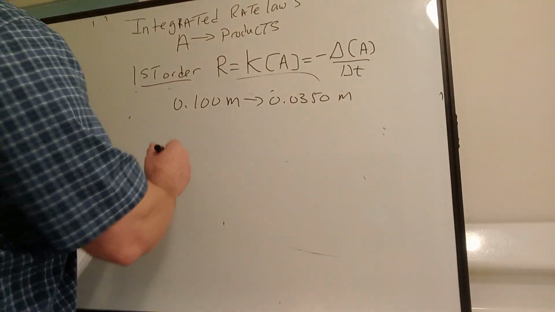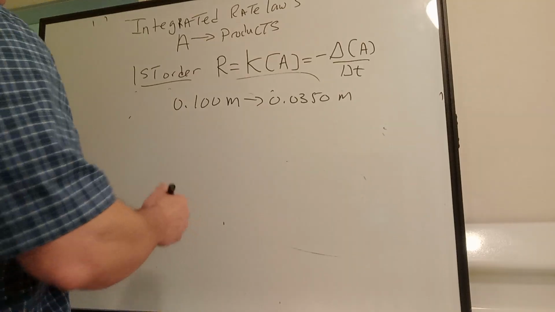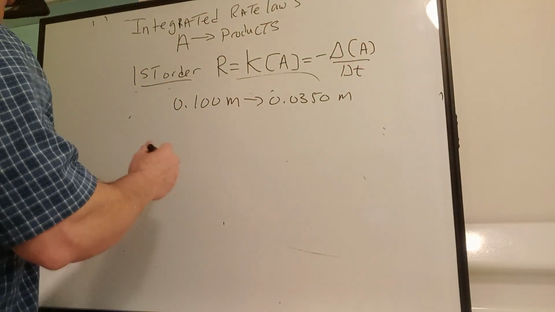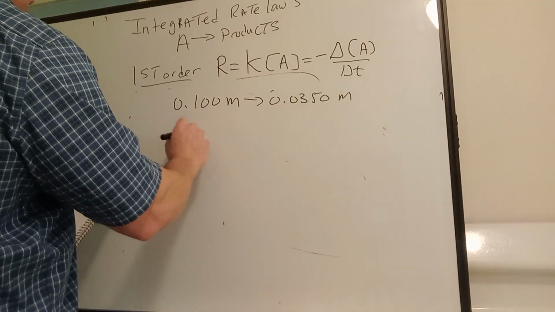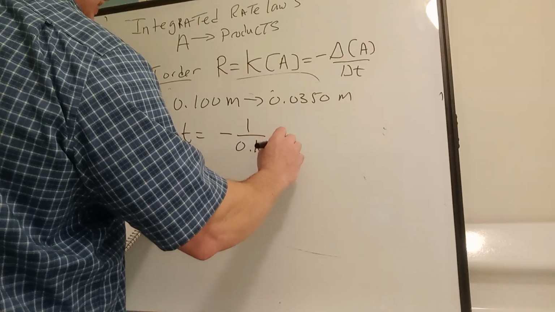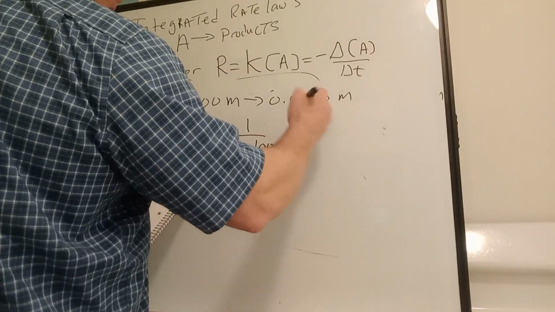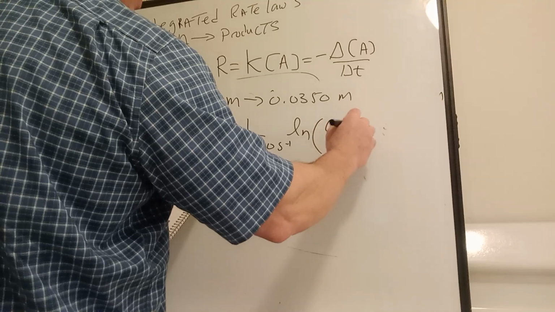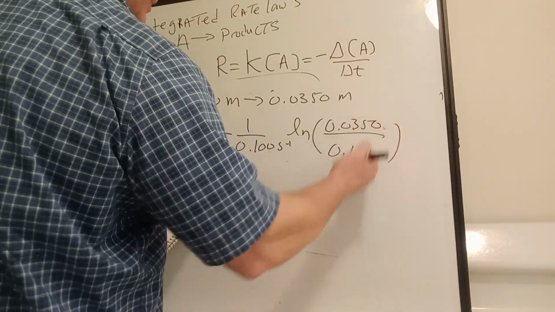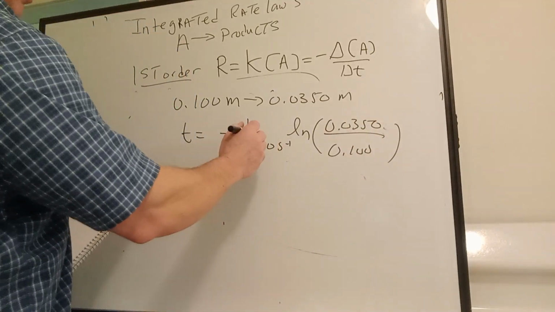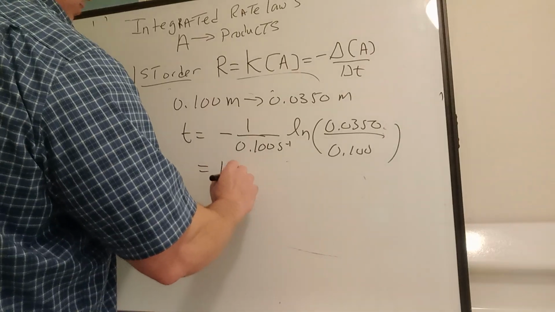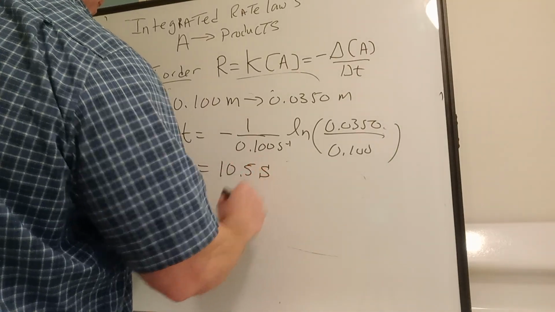Do the same type of equation as before, set it up in the form of the logarithmic ratio equal to -kt, and then solve for t, and you'll have t equal to -1 over 0.100 inverse seconds times ln of what it is at time t, 0.0350, over 0.100. This will be less than 1, so we have a negative number here. What we'll have is it ends up being 10.5 seconds.